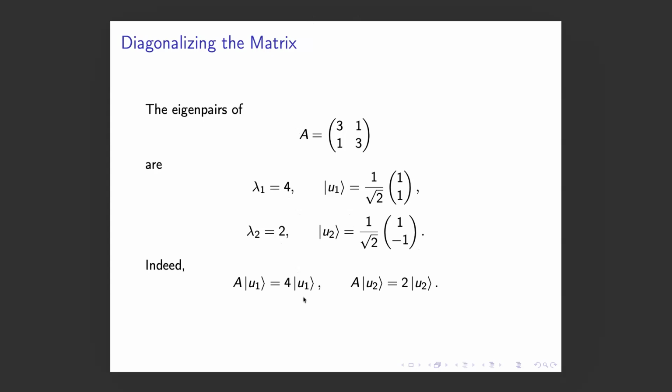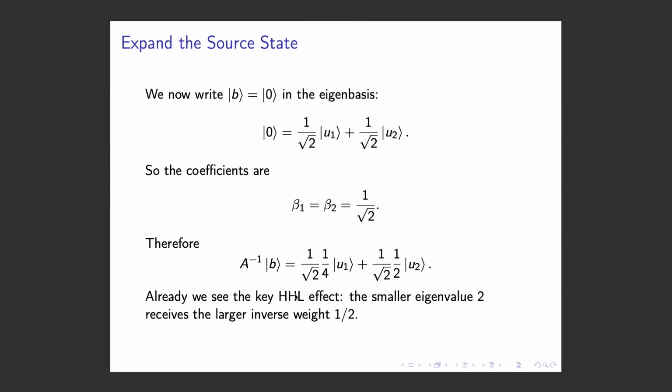So then these are the eigenvalues, nothing surprising here. When we do the spectral decomposition, we can set that up immediately. You can write B now in the eigenbasis. This is a case which is perhaps too simple, but it illustrates the basic processes in the HHL algorithm.